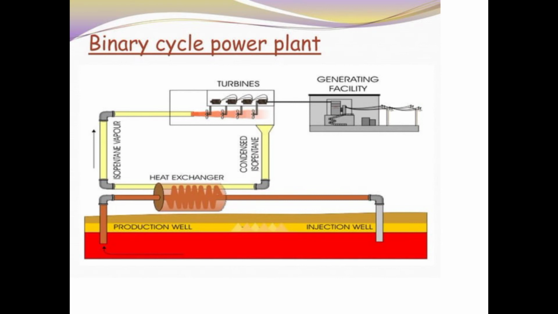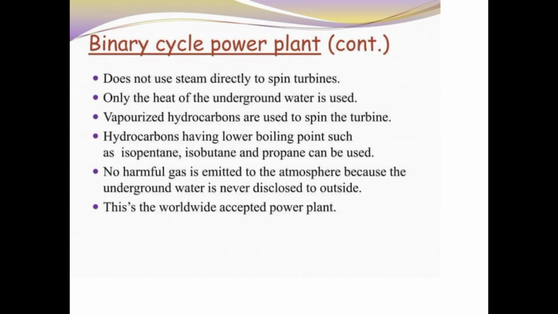Water is injected inside the geothermal reservoir and becomes hot, and this hot water then heats the isobutane vapor, and the turbine is operated by the isobutane vapors. These isobutane vapors condense again and pass through the exchanger. So this cycle goes on. You can see the binary cycle power plant.